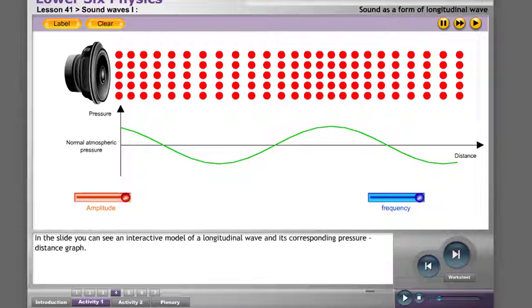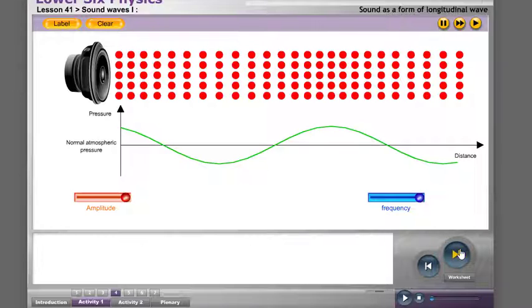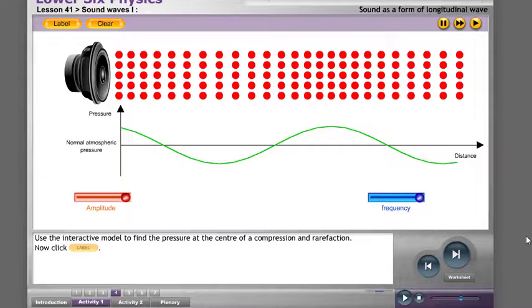In the slide, you can see an interactive model of a longitudinal wave and its corresponding pressure distance graph. Use the interactive model to find the pressure at the center of a compression and rarefaction. Now, click Label.